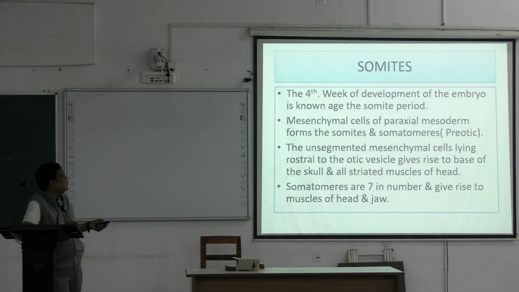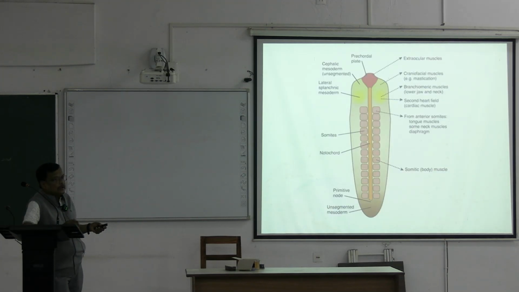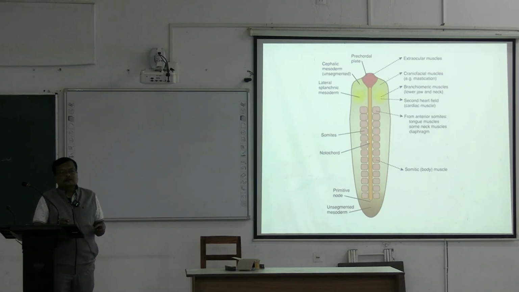Next. I have already told you these are segmented definite cubes, but there are certain somites, the most cranial parts, which are not properly segmented. We call them pre-occipital somites and occipital somites.